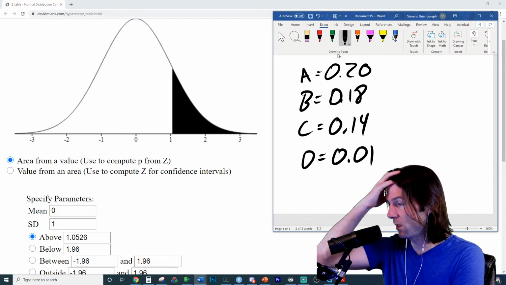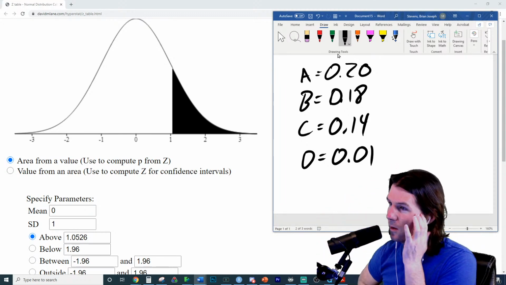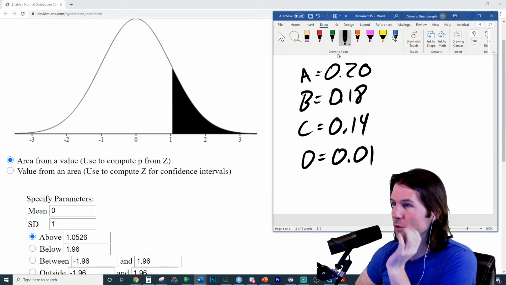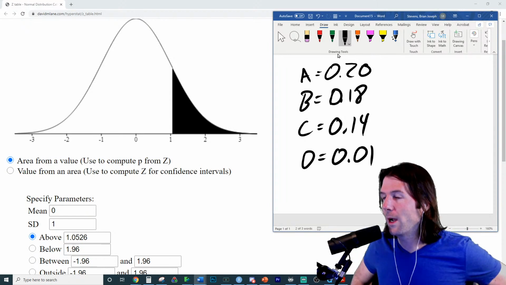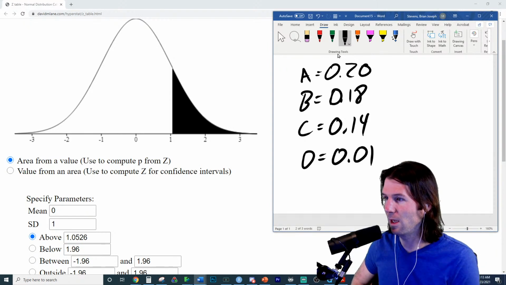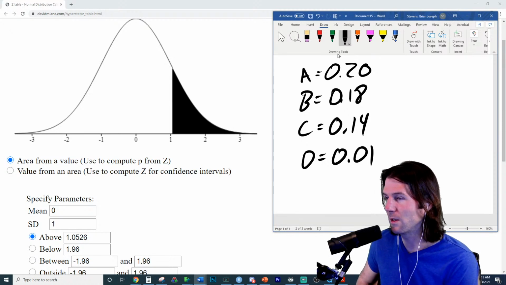So this is a possible question right here. And how would you know the answer to this? Your drawing is going to help you a bit, but you might be between a few answers. So how would you know the answer to this and be like, okay, it has to be this?